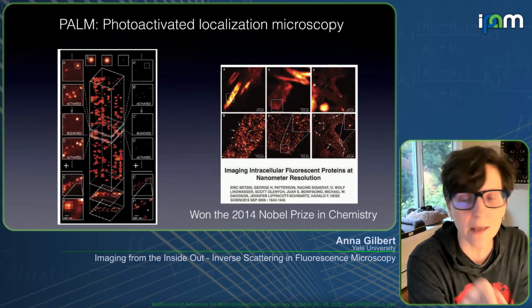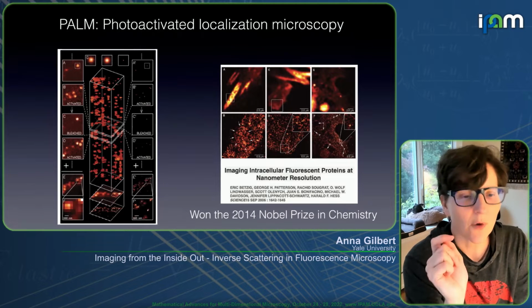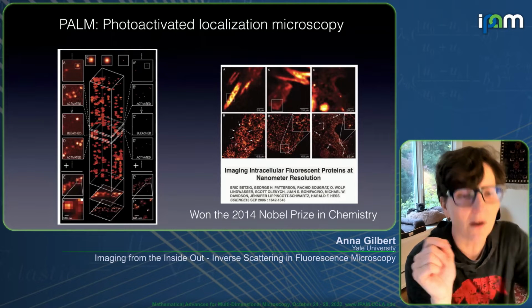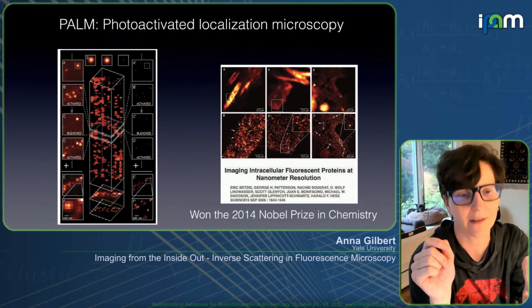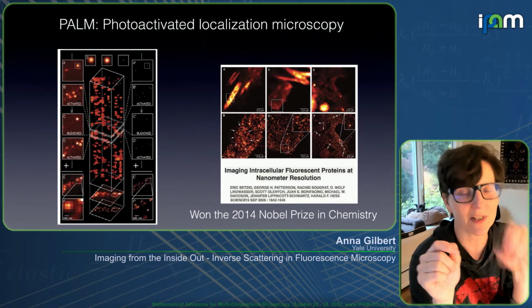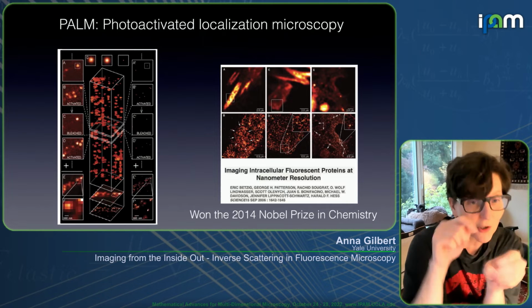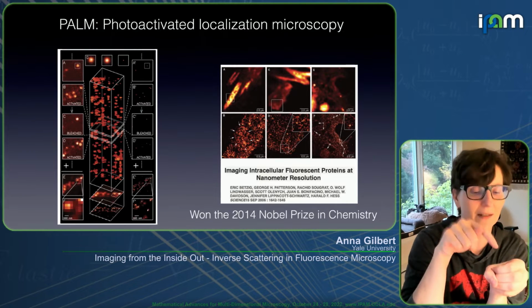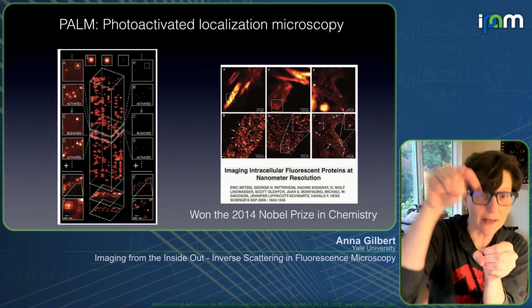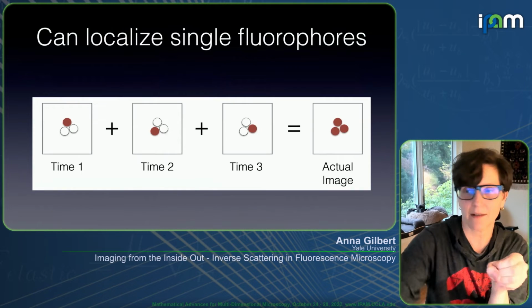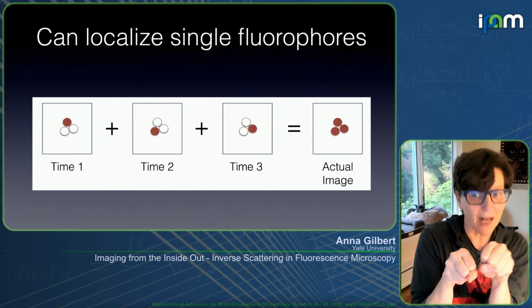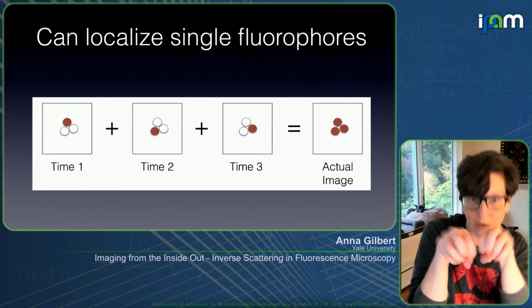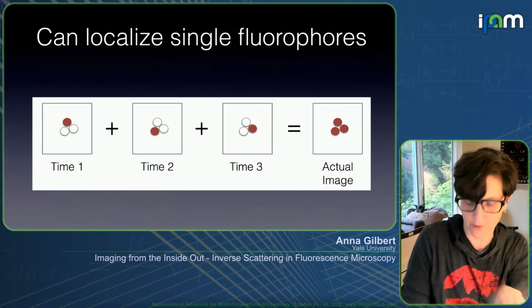So in the PALM pictures, what is imaged is only the fluorophores. And so if they are stuck to something, then you see the structure that they sit on only because that structure is lit up by the fluorophores. Just like here, I'm going to see 3 of them together, but I'm not actually going to see anything around these 3 fluorophores.